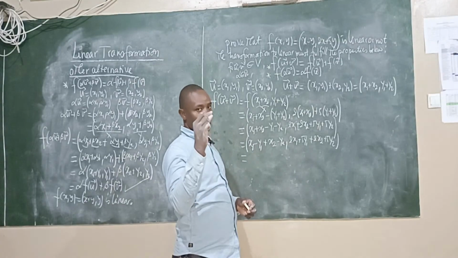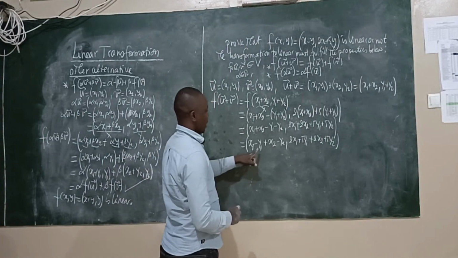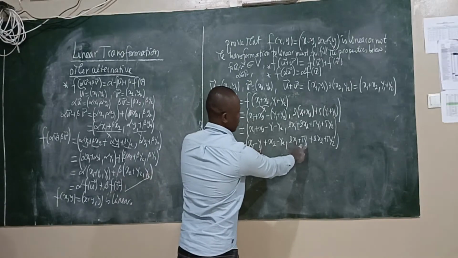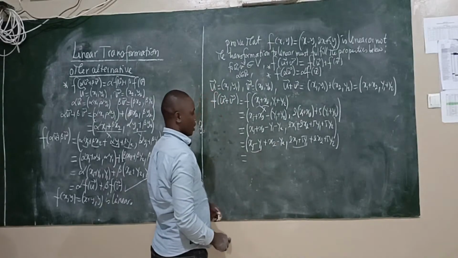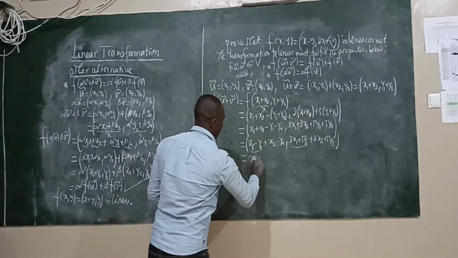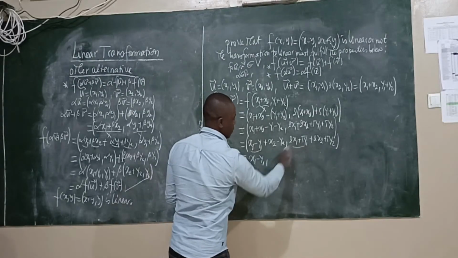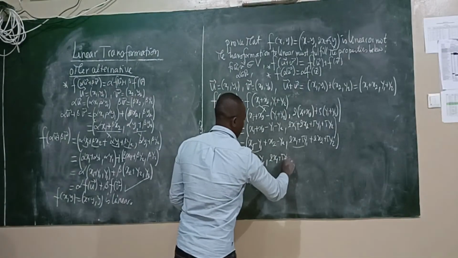Those starting with subscript 1 go together, comma, starting with subscript 1. That's why here we have x1 minus y1, comma, 2x1 plus 5y1.